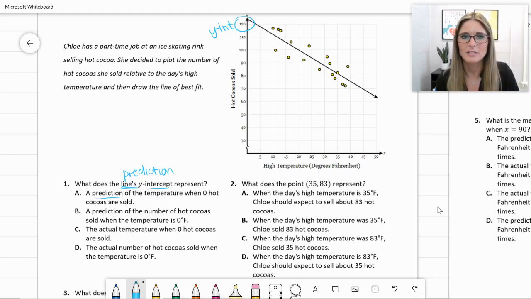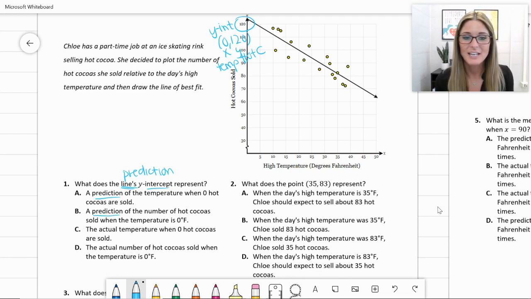Our y-intercept looks like it is 0, something like 120. Our x value is the temperature, and y is our hot cocoa. So A is not correct at all. Our y value is 120, and that's for 120 hot cocoas.